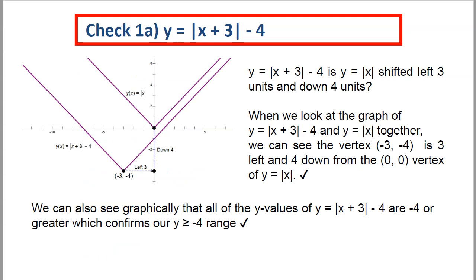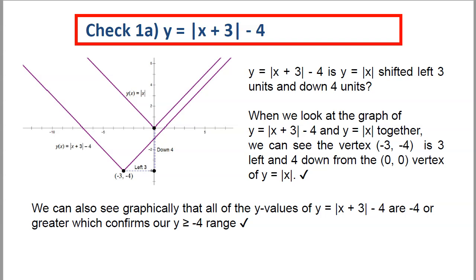So let's check this. If we graph our two functions together, y equals the absolute value of x plus 3 minus 4, along with just y equals the absolute value of x, we can see that shift left 3 and down 4 units more readily. That's a good way to check.